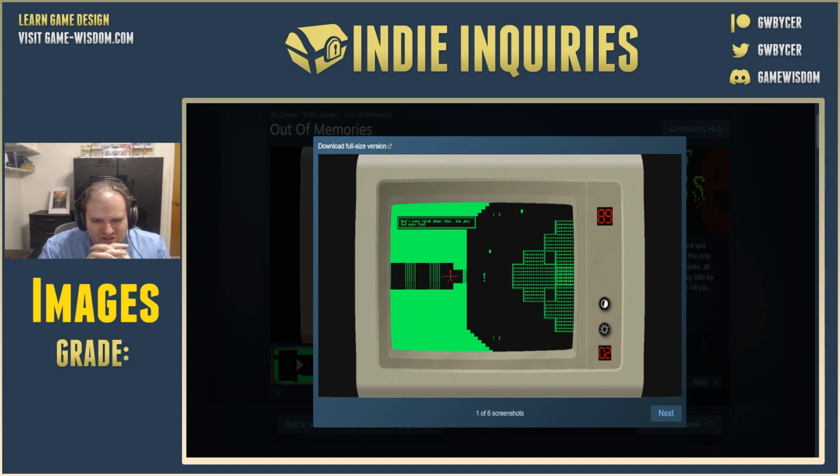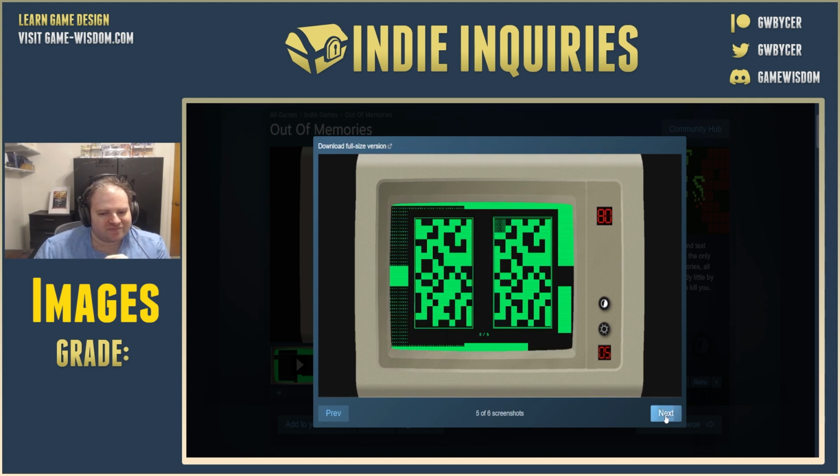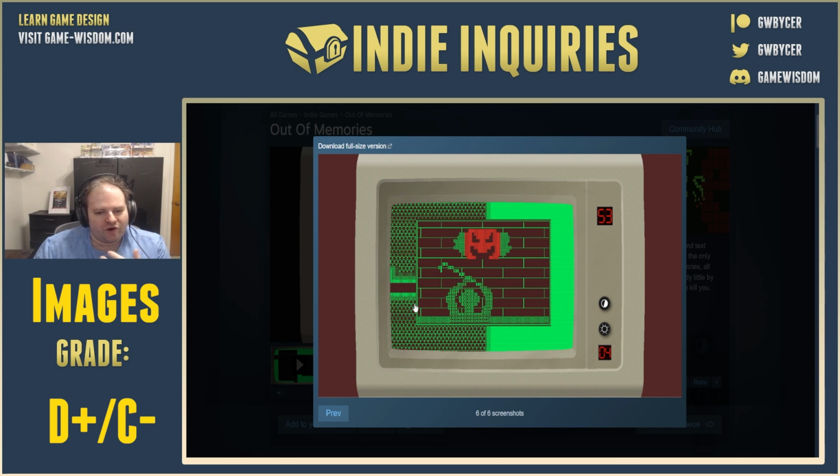So, grade-wise for this, I think I'm going to have to give it... with the fact that it's hard to make out, and that there still isn't one amazing image for this game, I think I'm going to have to give it a D plus, C minus for the images, simply because they're not showing off what makes this game interesting or special.